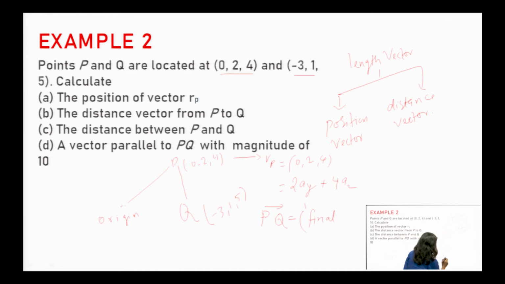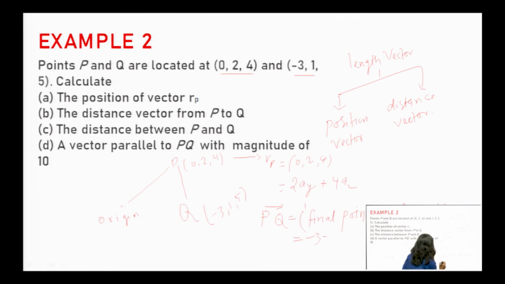It can be written as final point minus initial point. Here the final point is minus 3, 1, 5. We are moving from P to Q and the final point is minus 3, 1, 5. So, we will write here minus 3 and the initial point is 0.